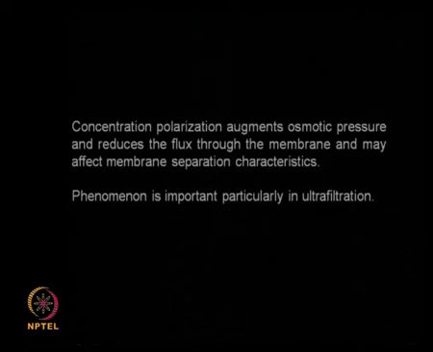So, concentration polarization reduces the flux through the membrane and it will affect the membrane separation characteristics. This becomes very important in ultrafiltration type situations. So, what do we do? We need to stop the entire process and restart the whole thing. It is reversible, of course, it is not like an irreversible fouling of the membrane material, but it is slowly going to slow down your separation process.